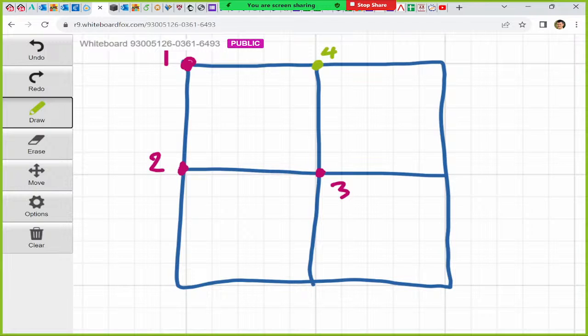Anywhere it goes, it has to pass through the center square. Oh, interesting. So that means you could kind of start it at the center square. Greater than 4. It's not a bad observation.